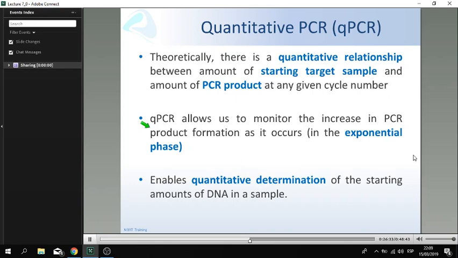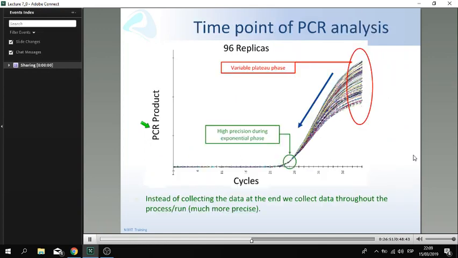So it allows us to monitor the increase in product formation in real time, as it occurs in the exponential phase. So we can look at the doubling of our material at every cycle, and not just at the end, and that enables quantitative determination of the starting amount of DNA in the sample.